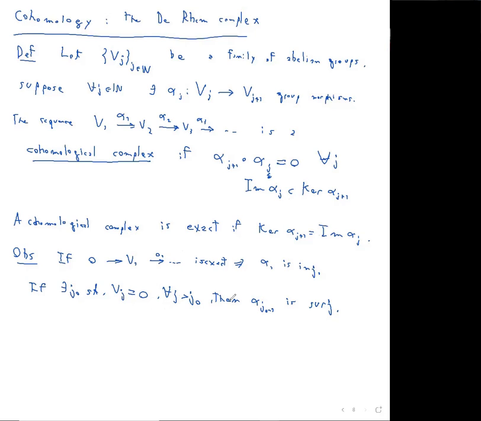If it's exact, of course, as soon as you have a 0, then the previous map is surjective. But if we only have a cohomological complex, that doesn't really tell us anything, because we don't know whether the image could be much smaller than the kernel of the next function. So I think we need exactness. But then we're asking too much here, right?